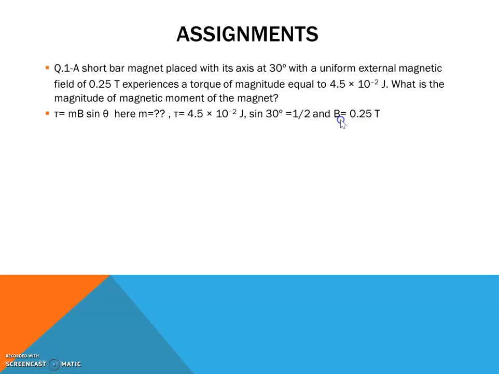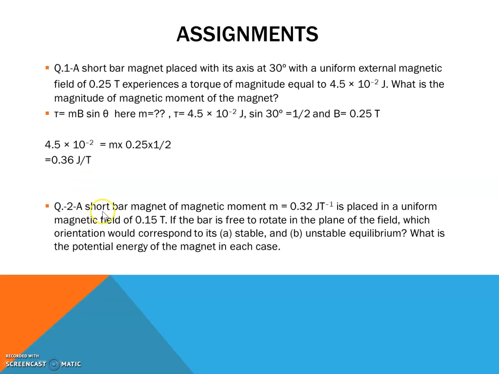When we replace these values in this relation and reduce it, we will get m equals 0.36 joule per Tesla. It is very easy to solve. Now move to the next problem.